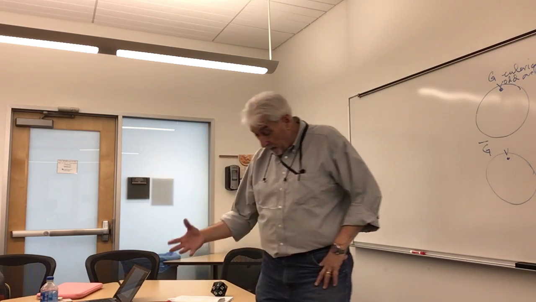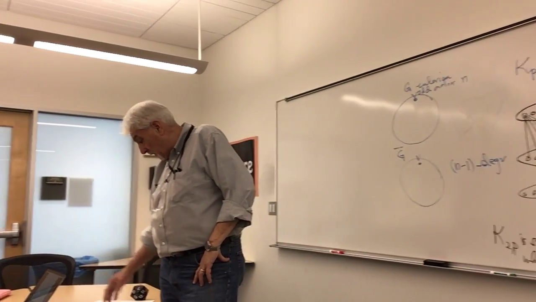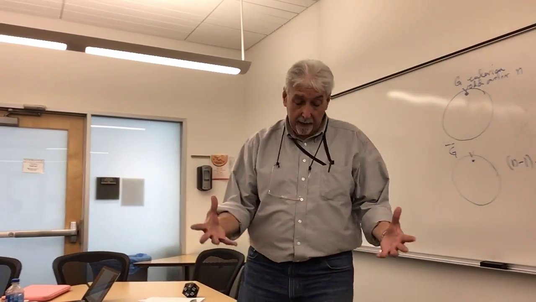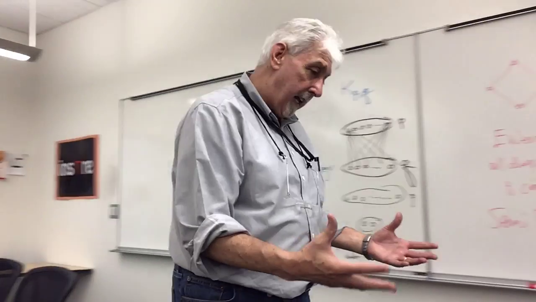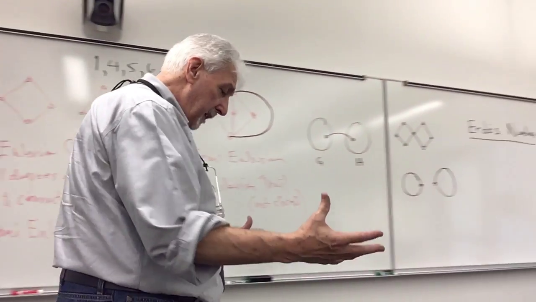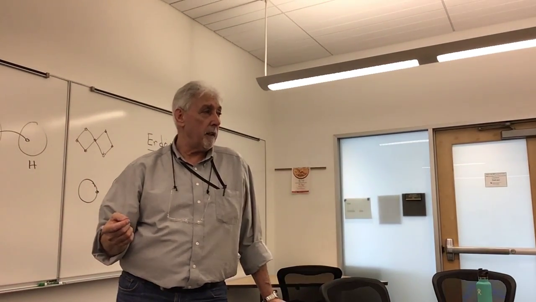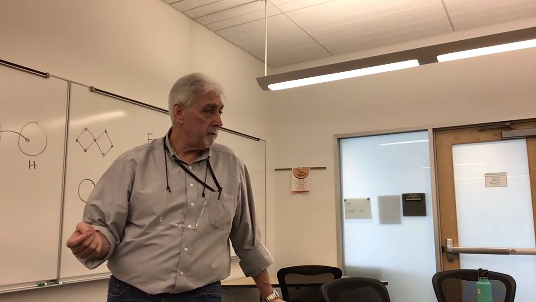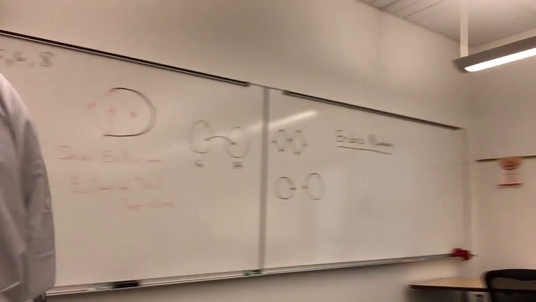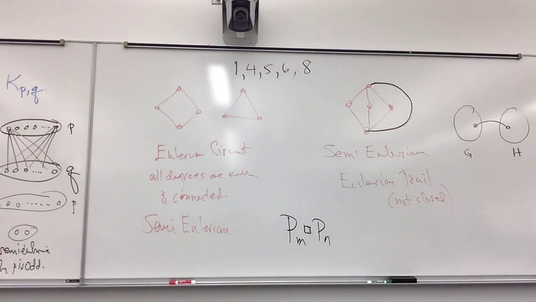And now the question is, is there a spanning cycle? Is there a Hamilton cycle? Of course, we don't know Hamilton yet, because he's the creator of this. We haven't named it after him yet. But is there a cycle that visits each city exactly once and gets back to the start? Okay, so it sounds the same, but rather than traversing each edge, we have to visit each city.